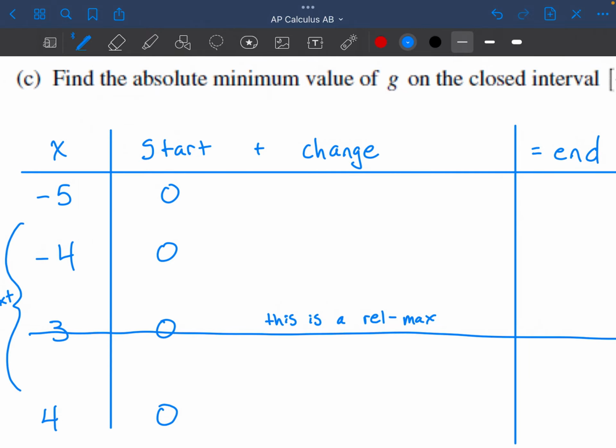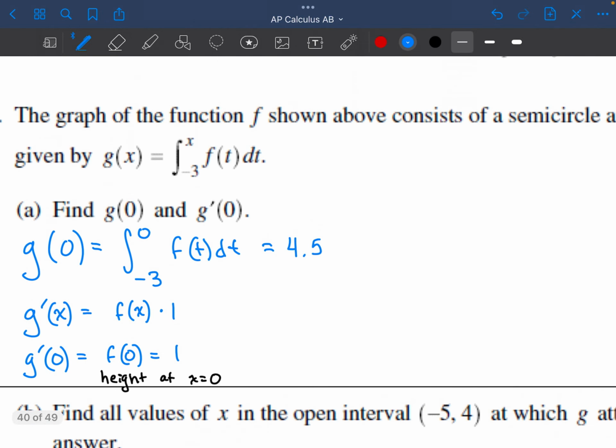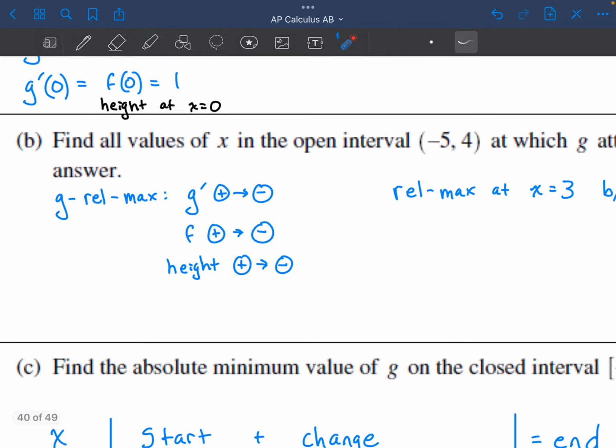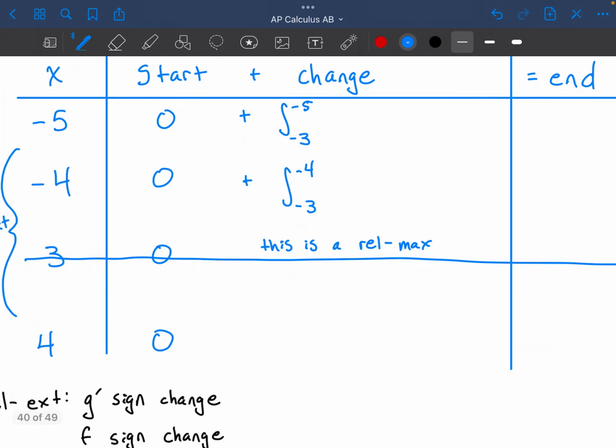So change is always going to be the integral. So I'm going to do 0 plus the integral between, oh, I have to be careful here. Our integral does not start at 0. Remember, I told you that was going to be tricky. Our integral up here is going to start at -3. So all of our integrals are going to look like that. We're going to have the integral of -3 to -5. This is going to be plus the integral from -3 to -4.